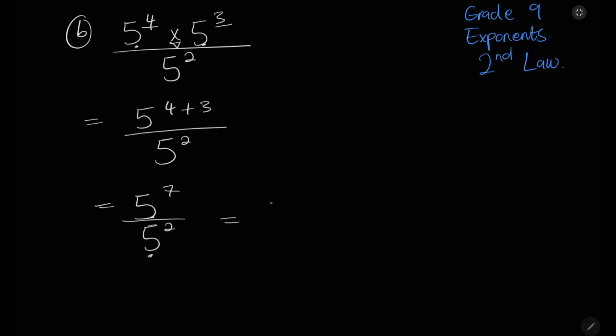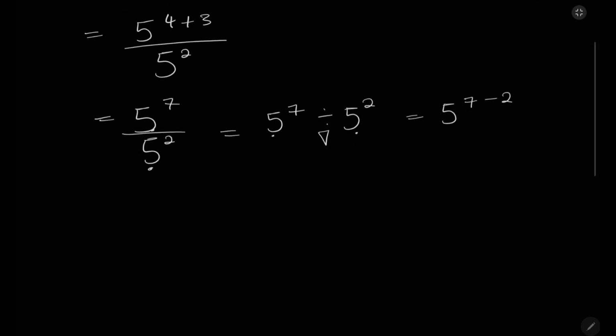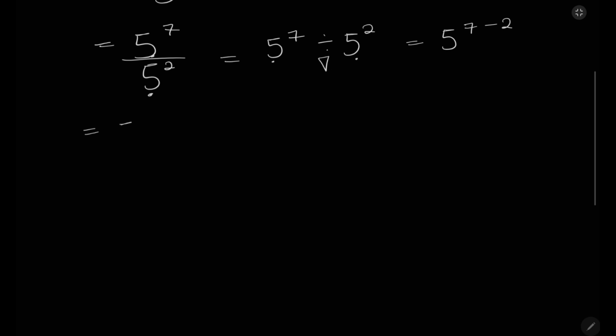We can write this as 5 to the power 7 divided by 5 to the power 2. Same base divided. So this will be 5, 7 minus 2 as you subtract the exponents. So let's show our working here. We'll say 5, 7 minus 2, which is 5. 7 minus 2 is 5.